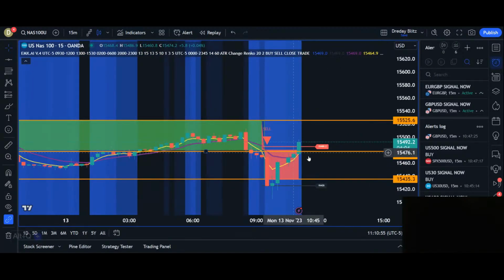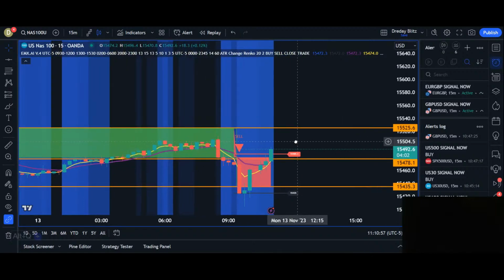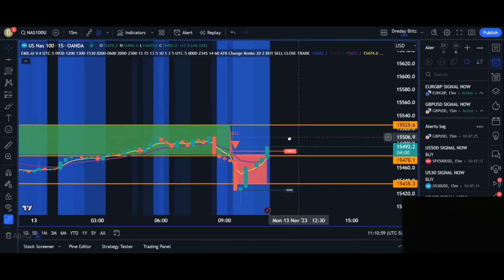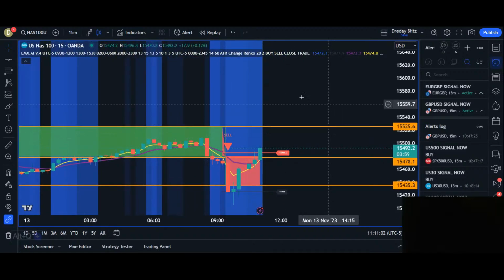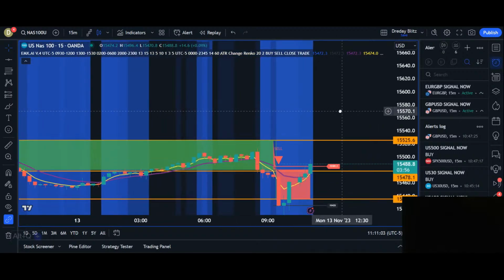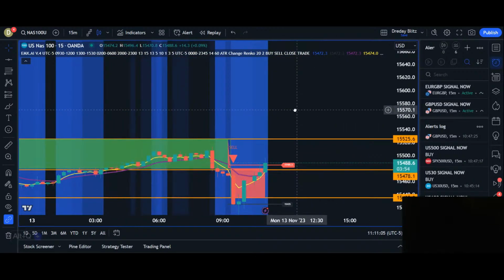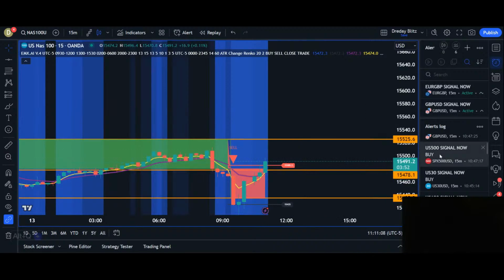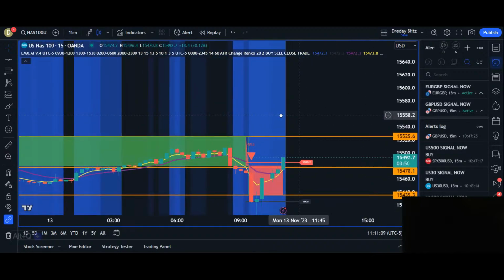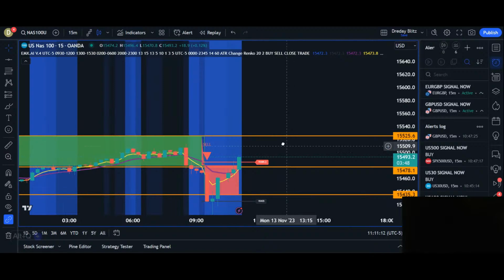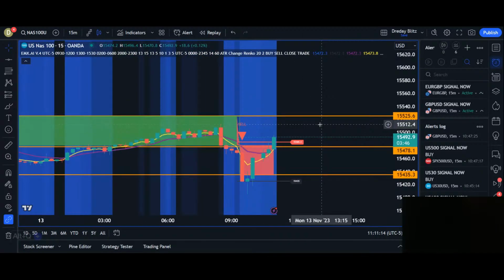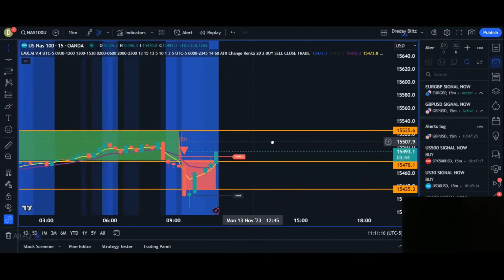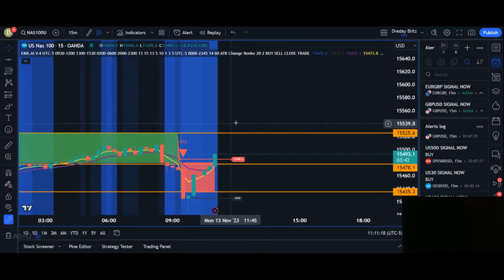So we should expect Nasdaq to reverse and go bullish, because right now S&P 500 and US 30 are bullish. If you can see, bullish. And like I said, sometimes Nasdaq will take a little bit more time to reverse and go in the same direction.